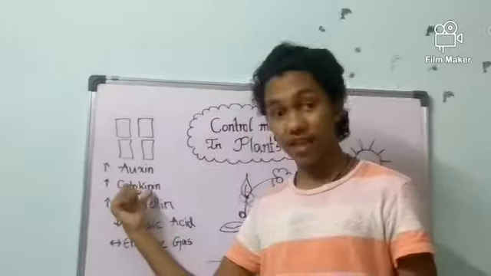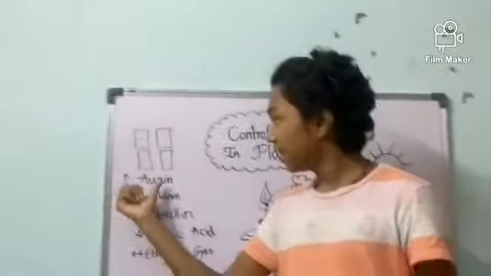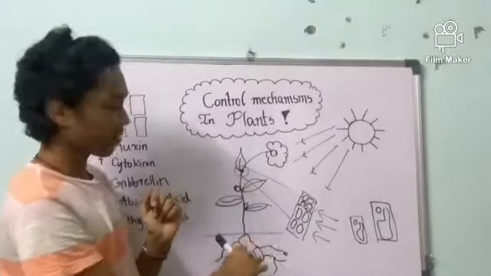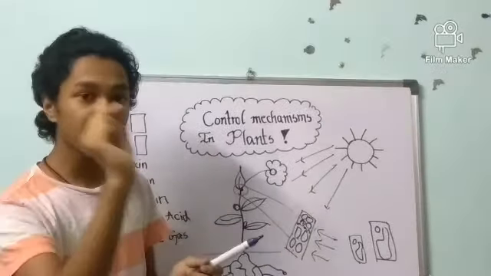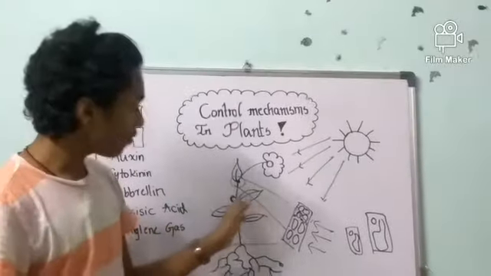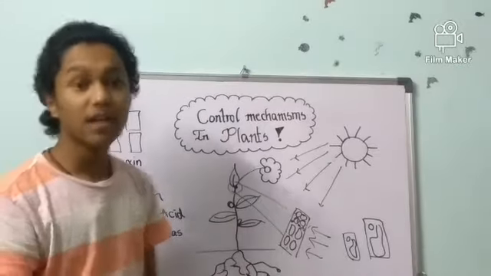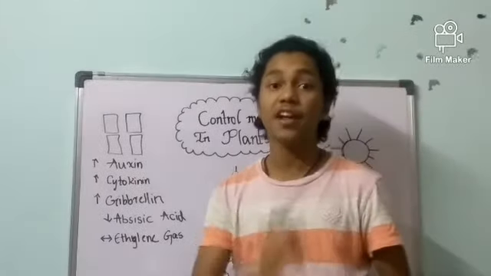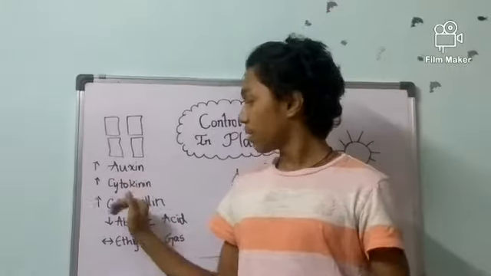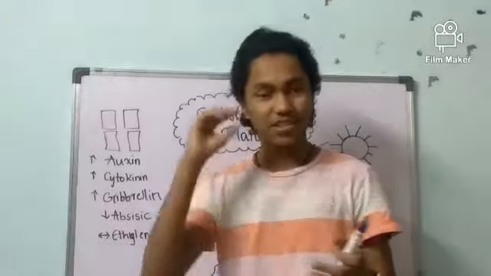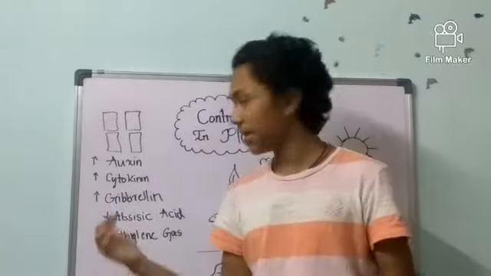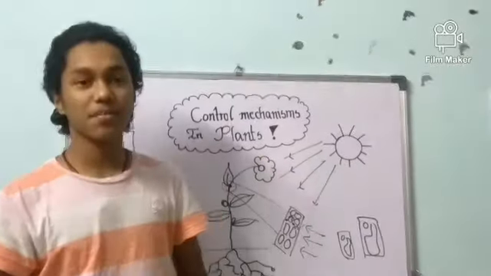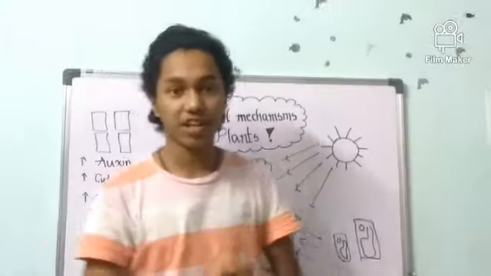No, wait, that is for cytokinin, where cell division happens. Here auxin is present near the tips, tip of the root, tip of the stem, and that is why there we find auxin. And on the stem, especially, gibberellin will act for cell elongation, and there are many more functions. So remember, this is the major one: stem elongation, cells near the stem which elongate, and that is due to gibberellin.